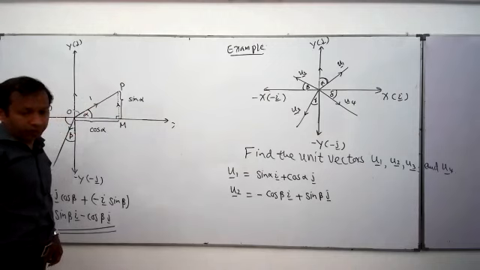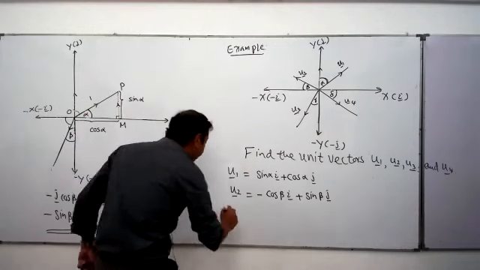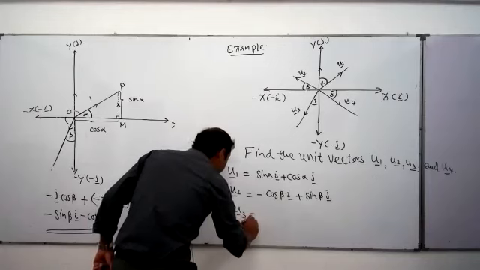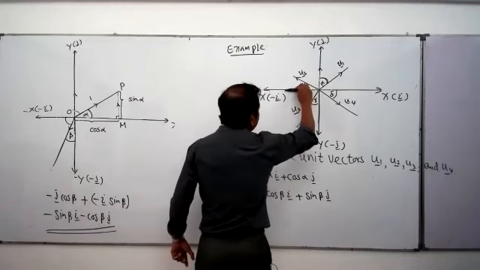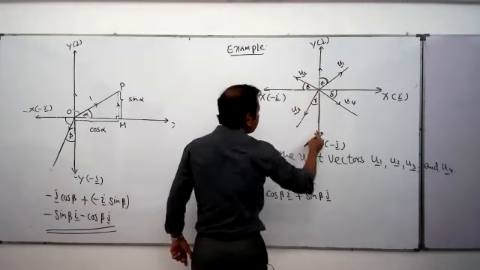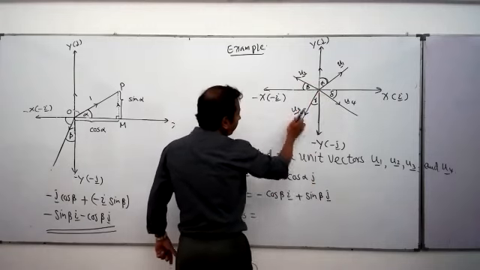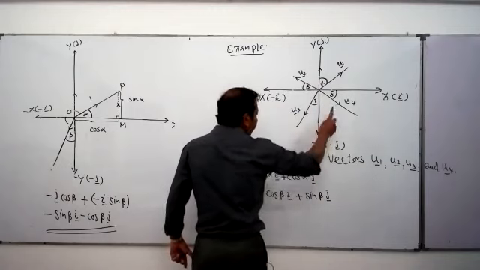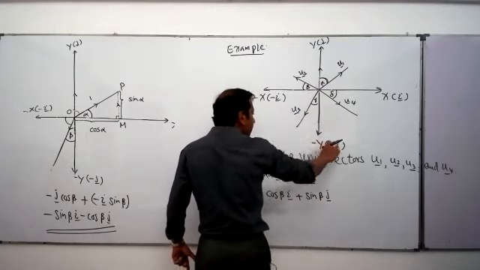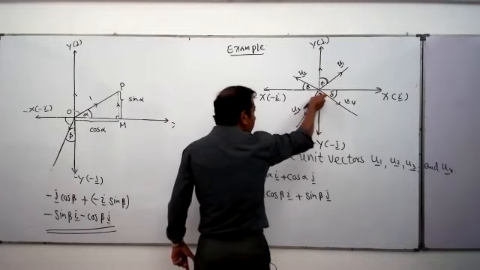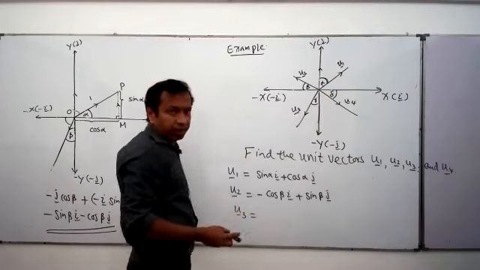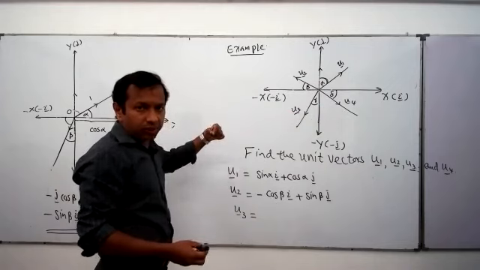Okay. How to write u3, people? What are the 2 axes we have to consider? This axis and this axis. But unit vector minus i here, minus j. Right. So now gamma is with this minus j. Then minus j cos gamma, towards the angle, no? Cos.